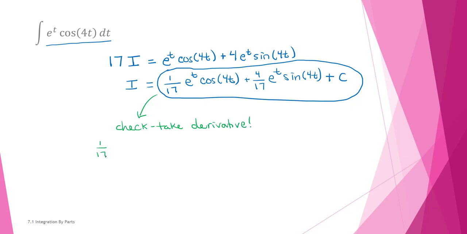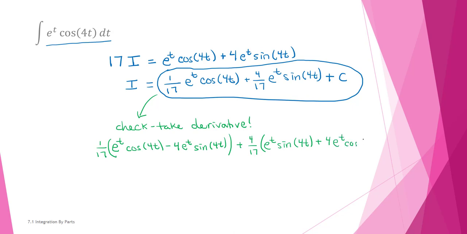Okay, so I have 1/17, and then I'm doing the product rule. e to the t cosine of 4t minus 4 e to the t sine of 4t plus 4/17 times, now I'm doing the product rule here again, e to the t sine of 4t plus 4 e to the t cosine of 4t.